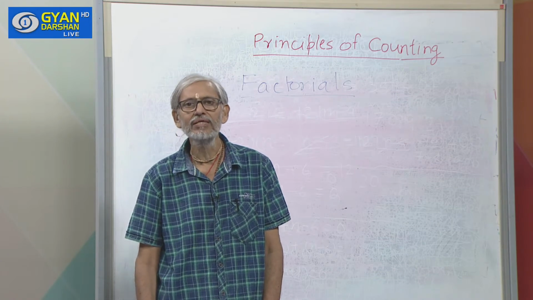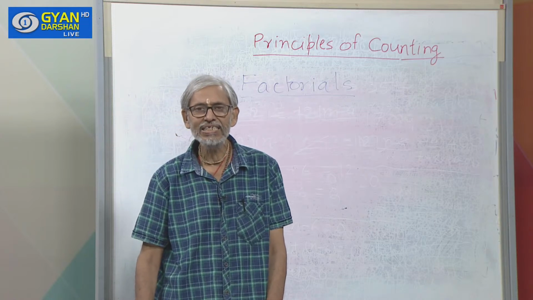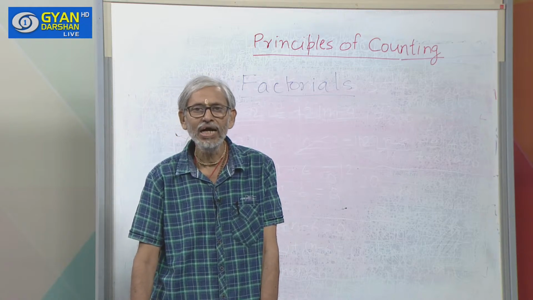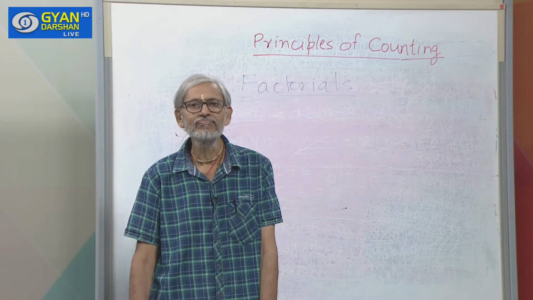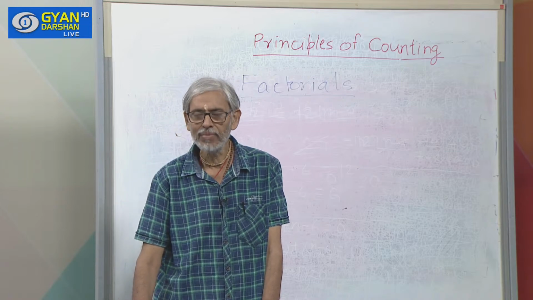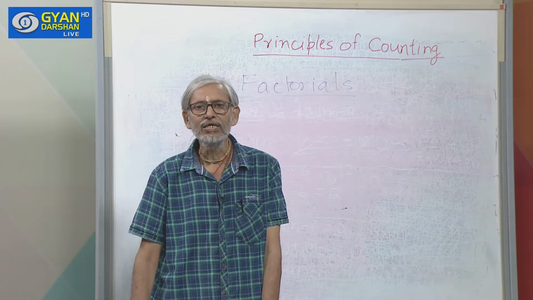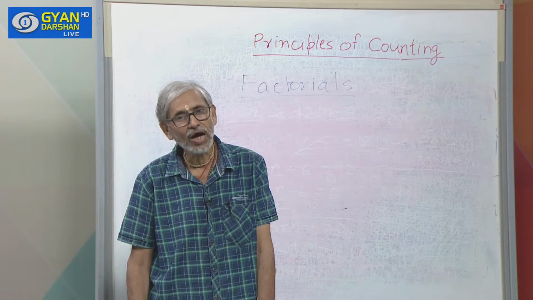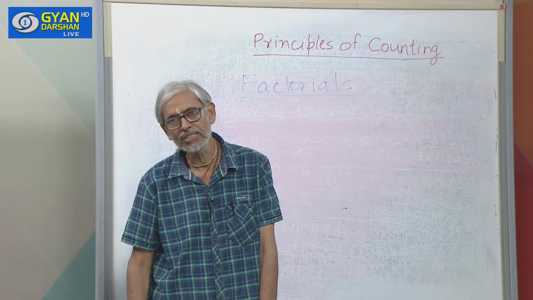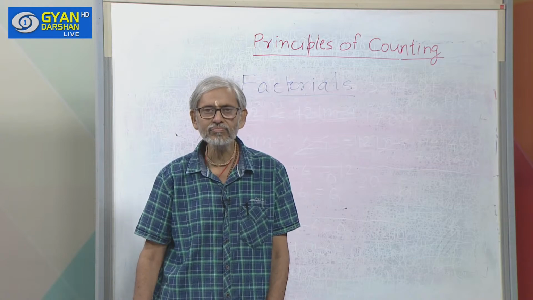in which we can solve the problem. The fundamental principle of addition says that if one job is to be done out of n jobs, and if each job is being done in M1, M2 till Mn number of distinct ways, then the total number of ways in which 1 out of n jobs can be done is equal to M1 plus M2 plus M3, summation of all the ways.